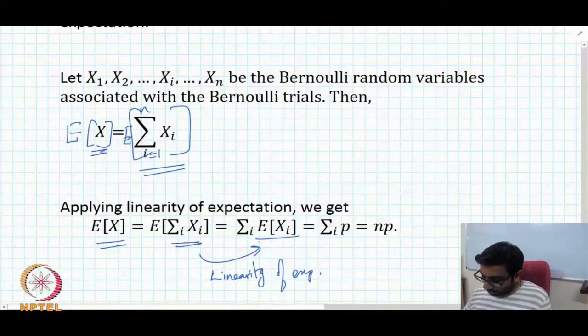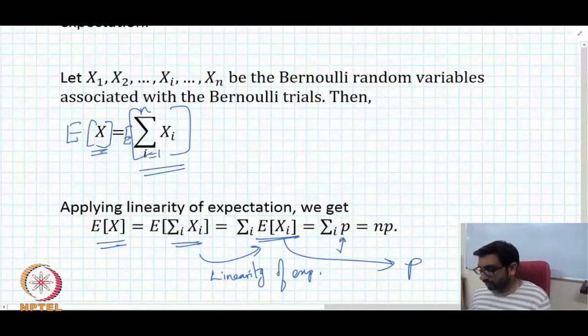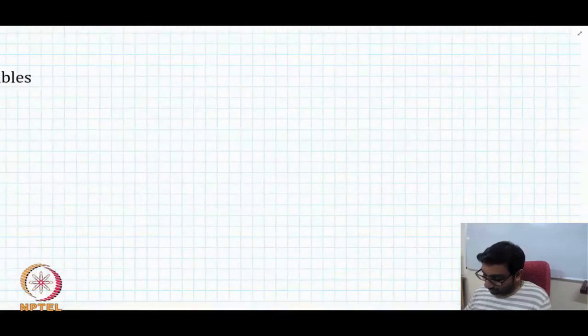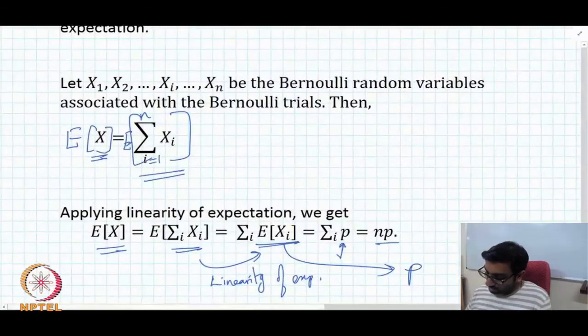But we already know that the expectation of an individual Xi is nothing but P. We're summing it up over n different values of i, and in each case the P value is common, so the total is n times P, which is the expectation of the random variable X.